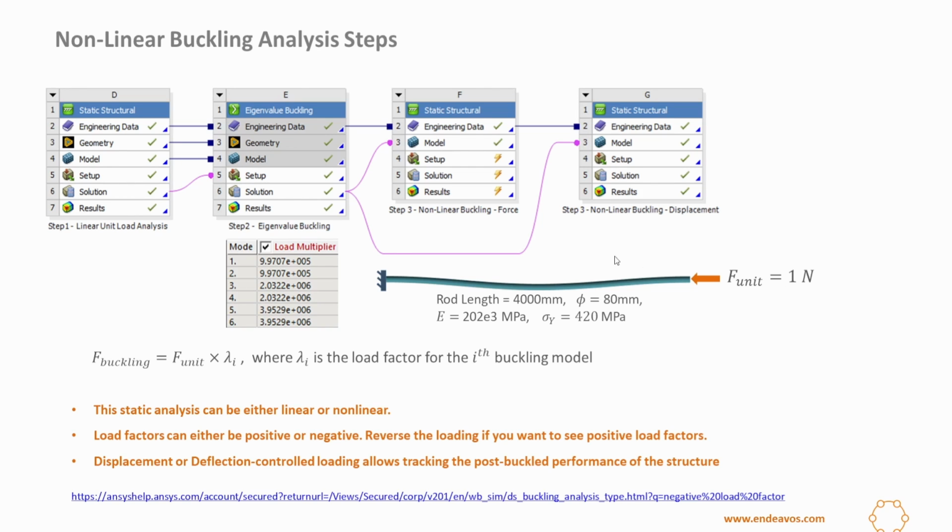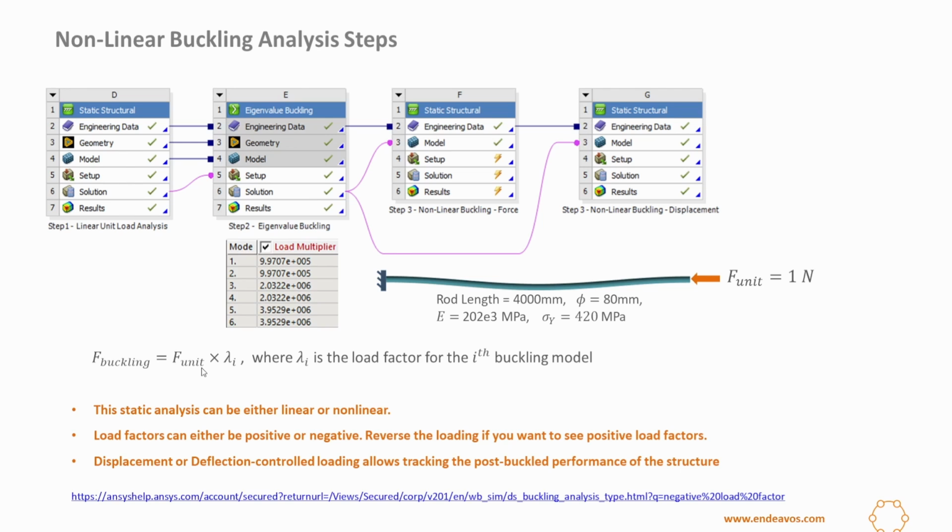And when we get the load multipliers from the eigenvalue buckling analysis, that load multiplier is multiplied by the unit load, which is 1, to give us a buckling load. So that's the logic behind using a unit load analysis.